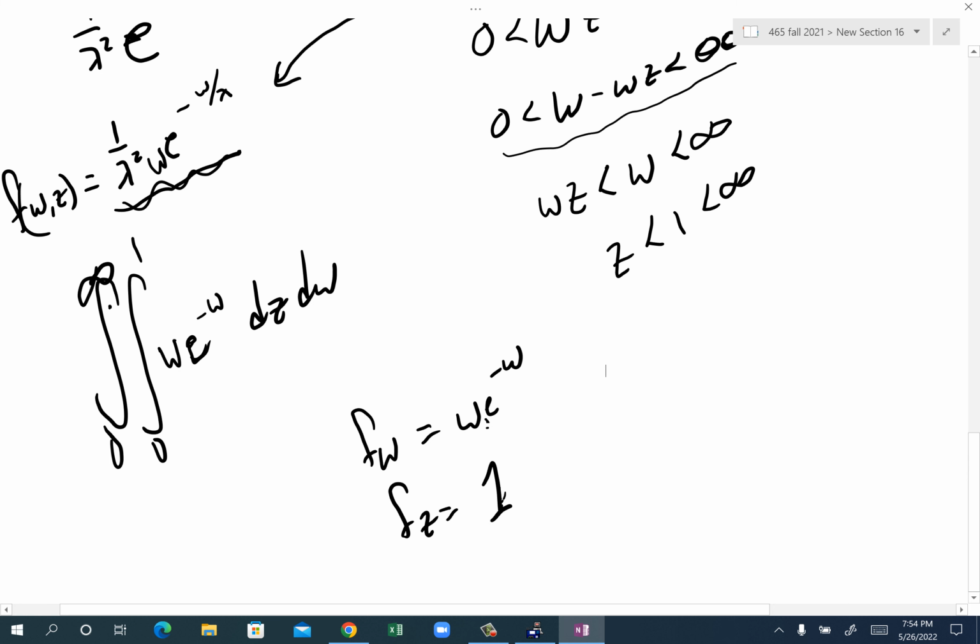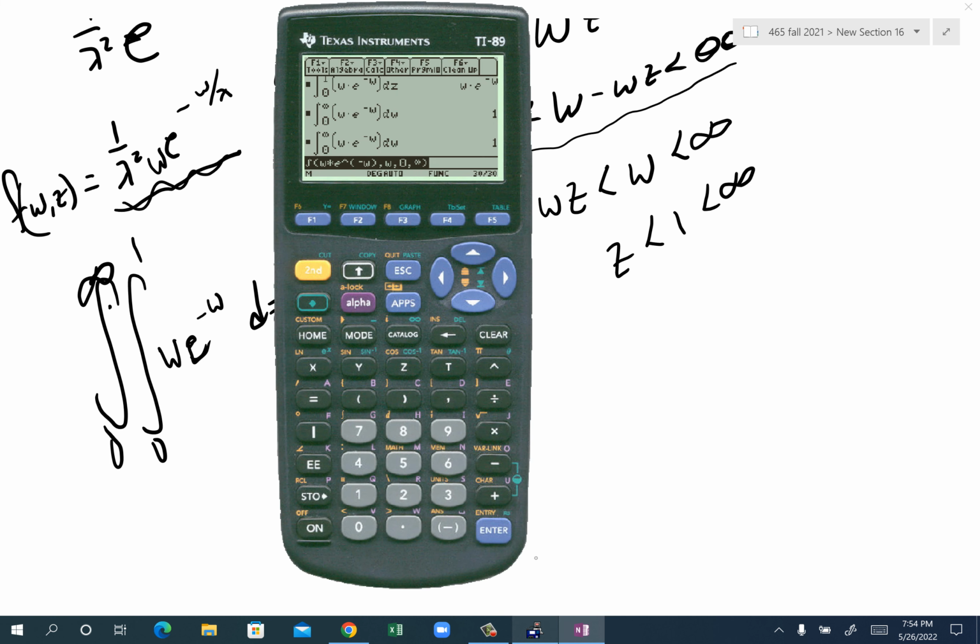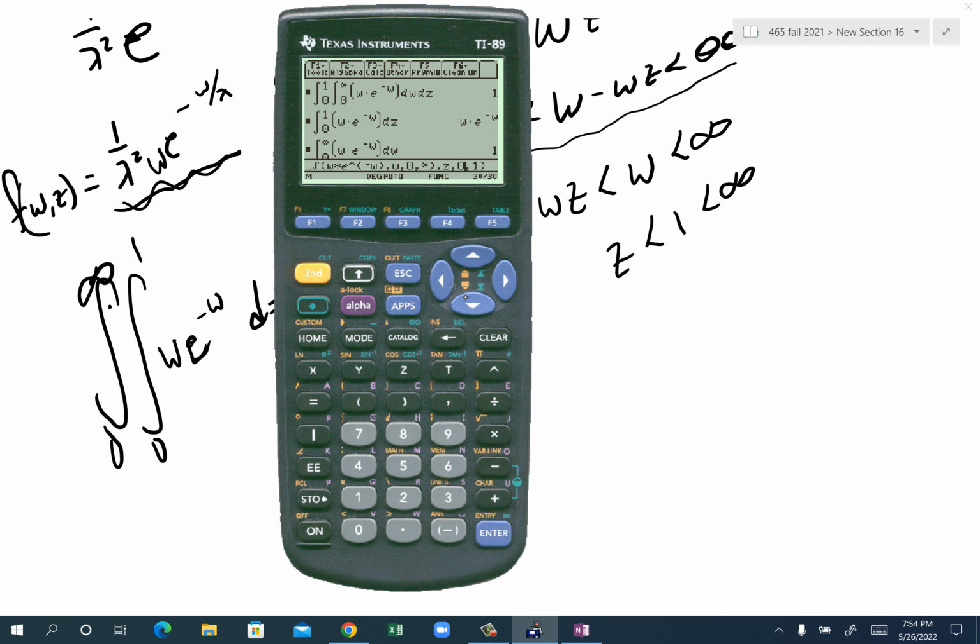All right, let's go back and put that in just for fun. I'm going to clear that and go with the original up here, the double integral one, and put it back in there. You want to see that it works with a lambda out front. I don't have a lambda, so I'm just going to do 1 divided by alpha.